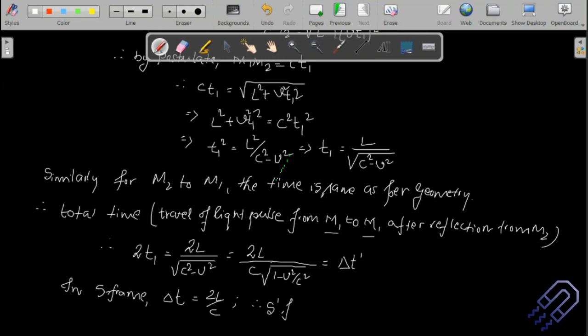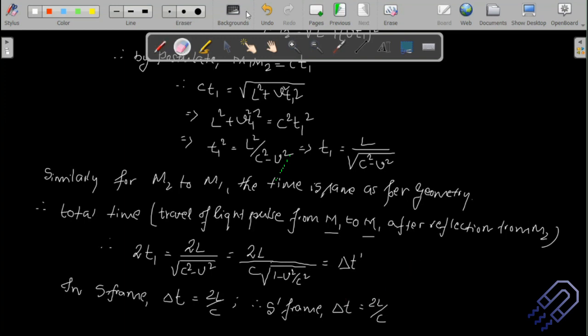Therefore, in S dash frame, we can have delta T is equal to 2L divided by C, right? So we basically can have it in S frame. Maybe I can write it down very clearly so that you are not confused. In S frame, sorry, this is S prime frame.